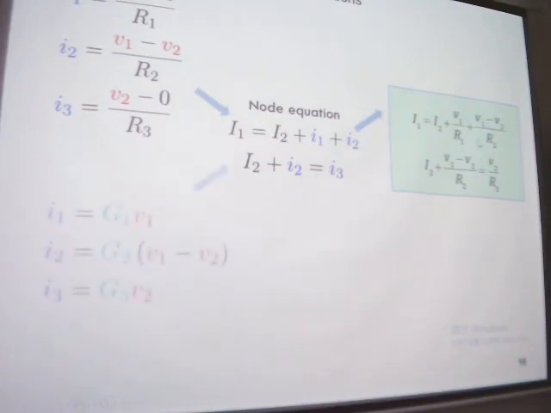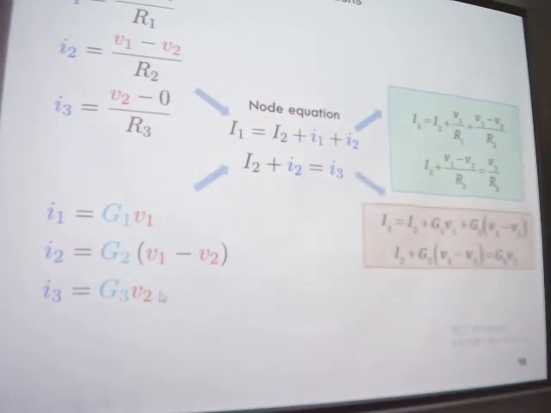And we see all the variables are node voltages, not currents, not branch currents anymore, right? And then we also can use the conductance for this calculation, and we get this relation as well.